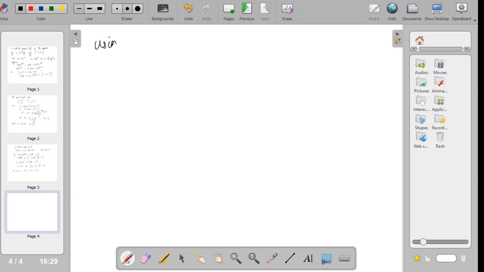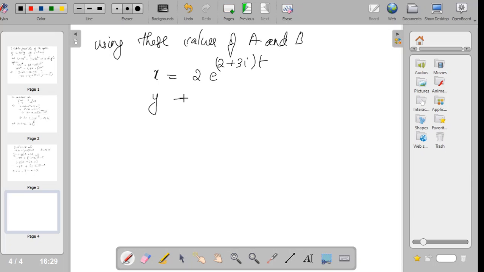Using these values of a and b, we will get x equal to 2 e raised to (2 plus 3i) t, and y will be (minus 1 plus 3i) e raised to (2 plus 3i) t.